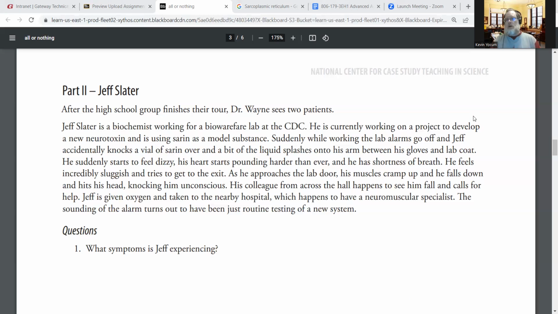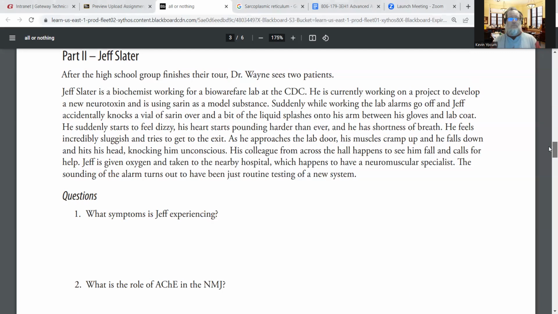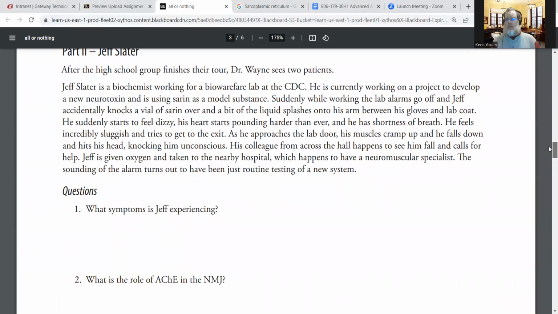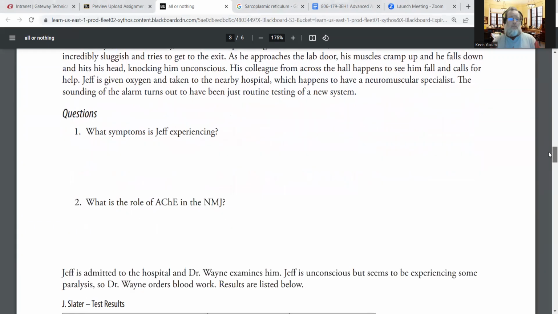Okay, so anyhow, Jeff is dizzy, with chest pain, shortness of breath, cramping, spasms, and fatigue. A colleague from across the hall finds him, calls for help, gives him oxygen, and gets him to the hospital. All right.